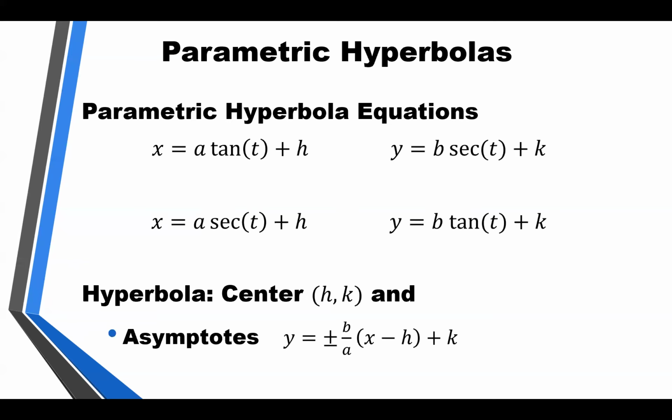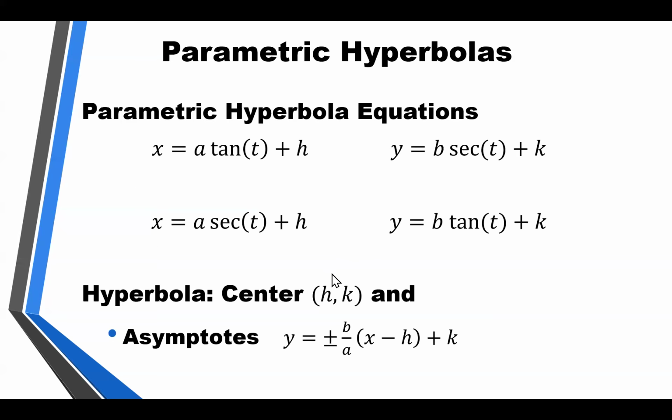And with hyperbolas, we let x be equal to a tangent of t plus h and y be equal to b times secant of t plus k. Or we swap out the secant and tangent if the hyperbola is pointing the other way. So if the hyperbola is pointing left and right versus up and down, we have to use one set versus the other.